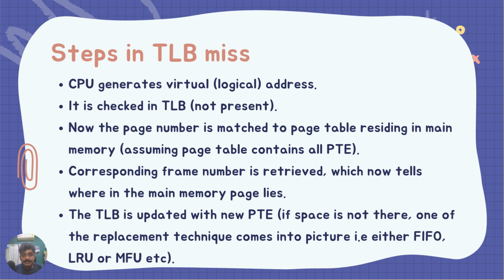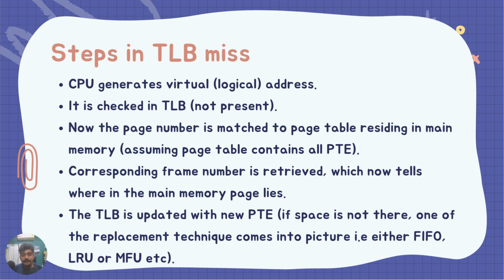So since it's not present here, we have to go and search in the page table that corresponds to that particular page number. Each process will have its own page table. So corresponding to which page is requested by the CPU, that particular page table is taken from the main memory, and the corresponding frame number is retrieved from that page table.